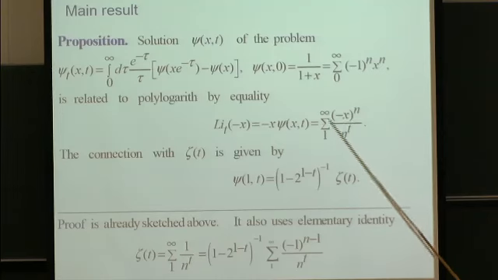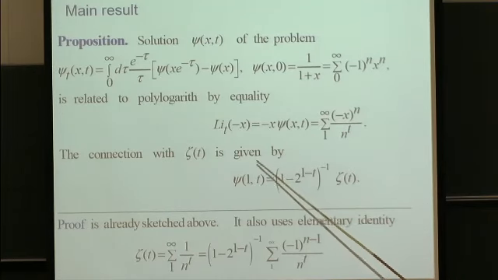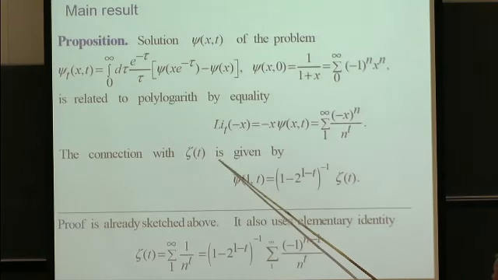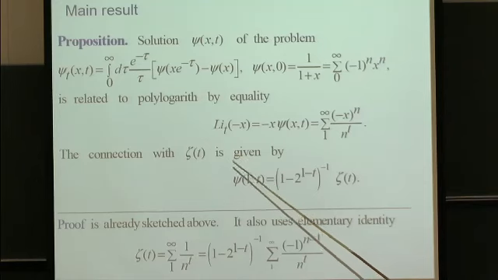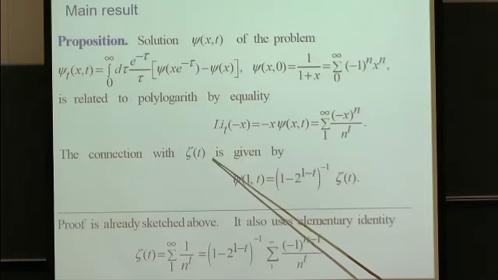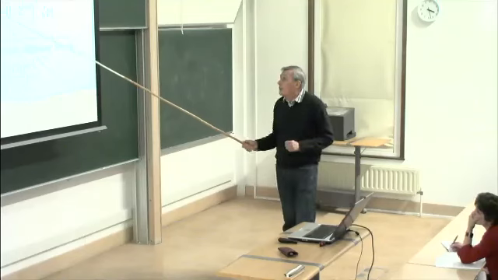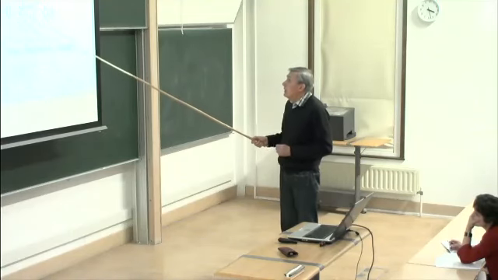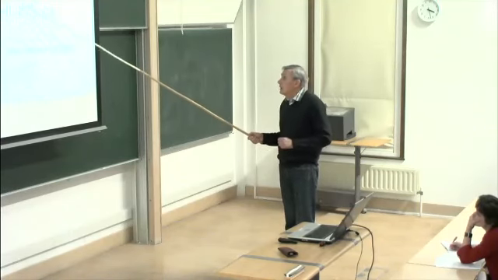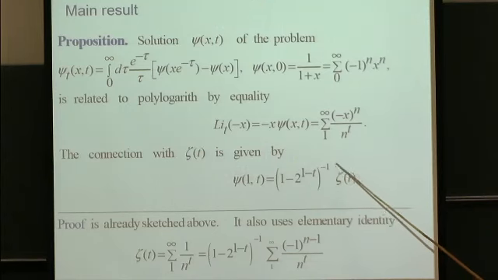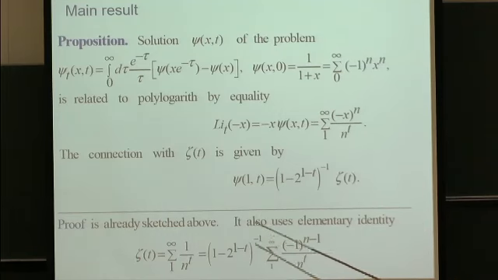But if I put 1 here, I have something very close to the zeta function times some simple factor, and this factor is here, and so I have the identity psi of 1, t equals 1 minus 2 to the power 1 minus t, to the power minus 1, times zeta of t.